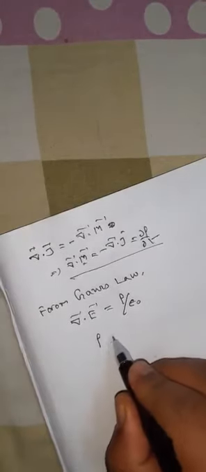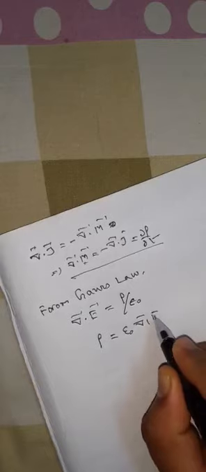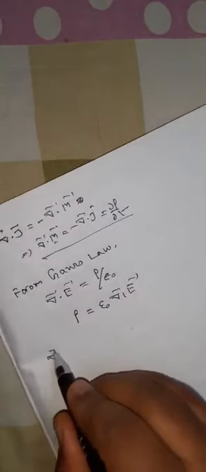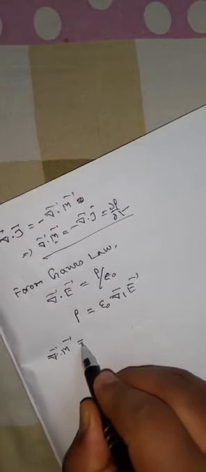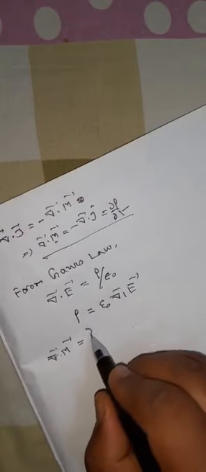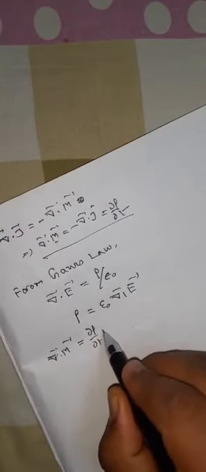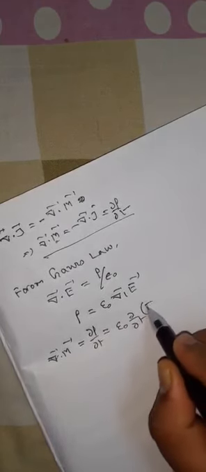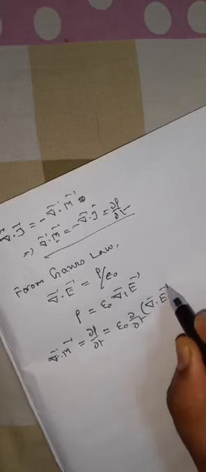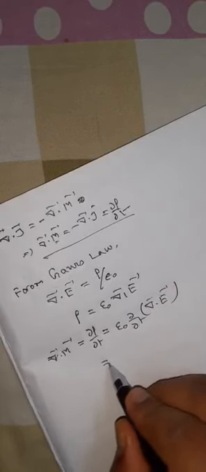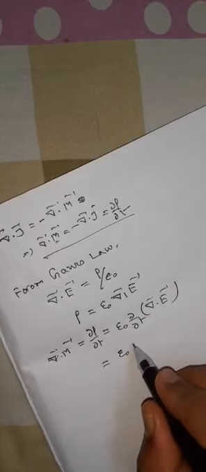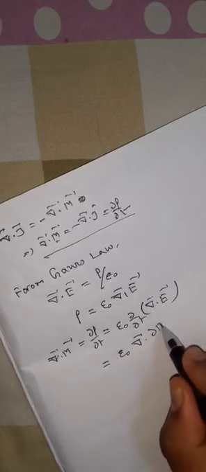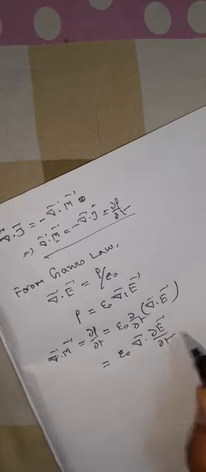So this rho is nothing but epsilon 0 divergence of E. Okay, so divergence of M, we can write as del rho del t, that is equal to epsilon 0 del del t of divergence of E, which is nothing but epsilon 0 divergence of del E del t.